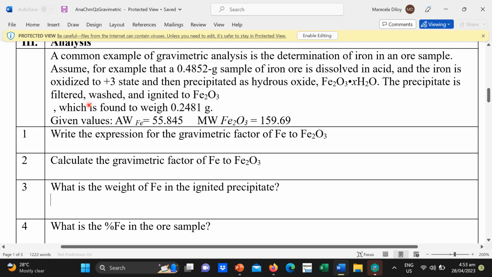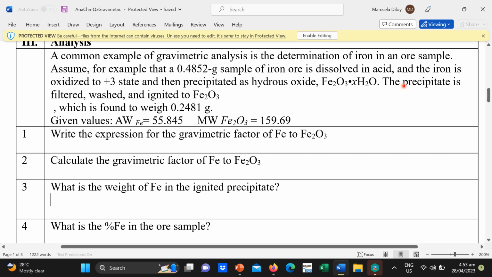Meron pa siyang ibang components. Okay, so this is the mass of the sample, which contains iron and other components dissolved in acid, and the iron is oxidized to ferric state and precipitated as hydrous oxide. So, ferric oxide times water.